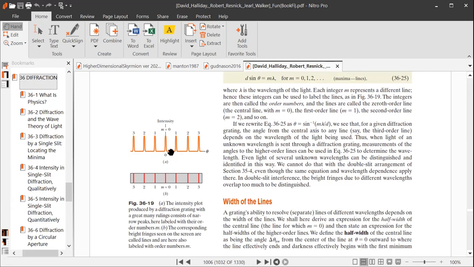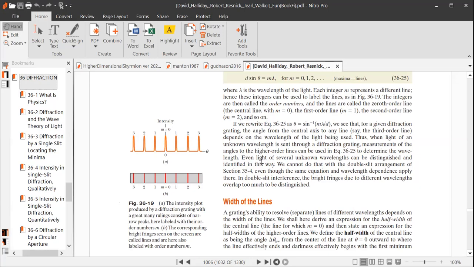This is the intensity. There are also some secondary maxima, but they are very small compared to the central maxima. This is m equals 0, this is m equals 1, m equals 2, and so on. This is the intensity compared to theta.